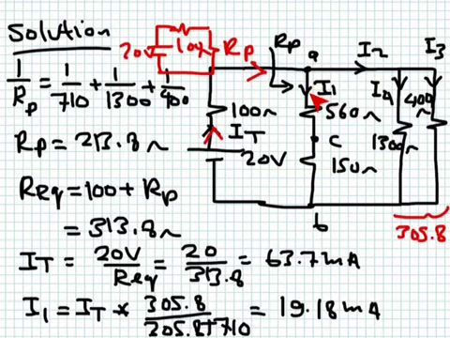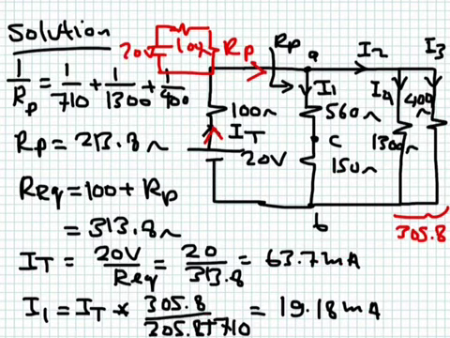So I1 will be equal to the total current flowing in, which is 63.7 milliampere, multiplied by 305.8 over 305.8 plus 710. And this is what I have here in this expression. If you calculate this one, you get 19.18 milliampere.